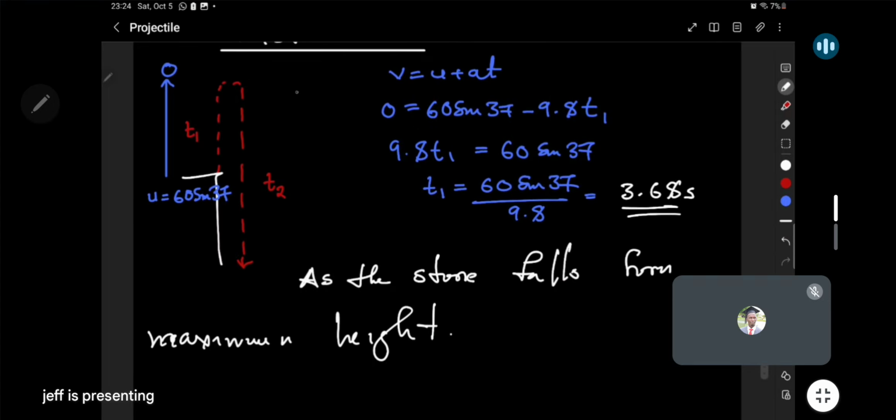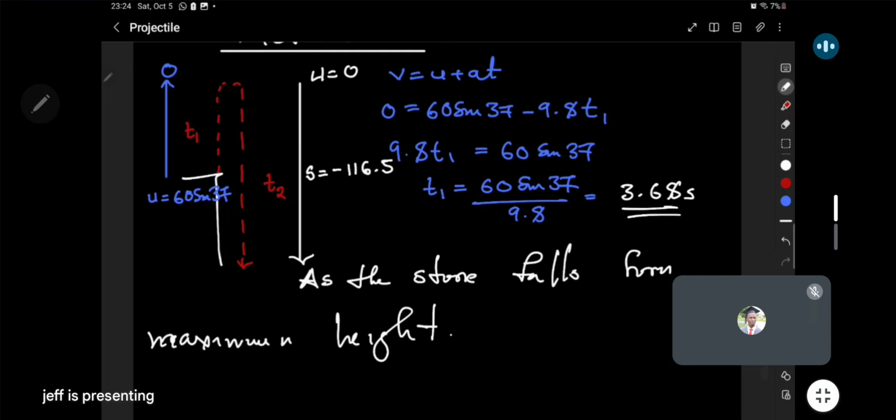Now we're just analyzing when it was falling from the maximum height to the ground, meaning the initial velocity is now here, and at the maximum height, the velocity is 0.